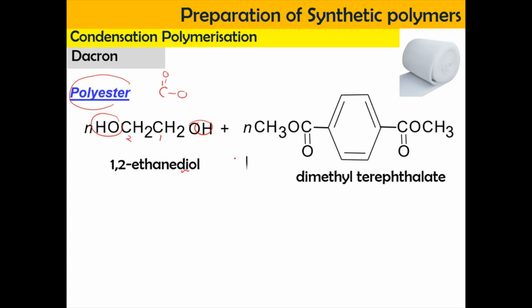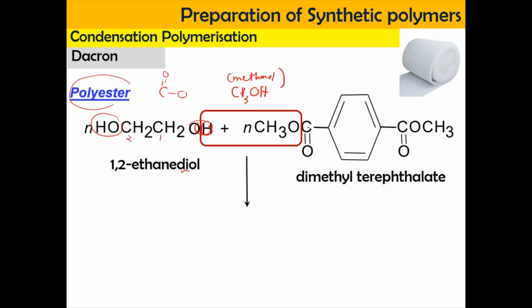In this case, what we're going to do is remove hydrogen from the alcohol and the CH3O from the carboxyl part here. As a product of the reaction, CH3OH is going to be removed, which refers to our methanol.